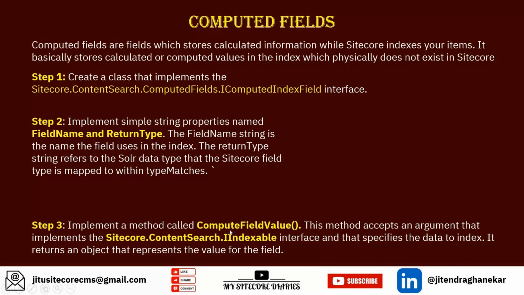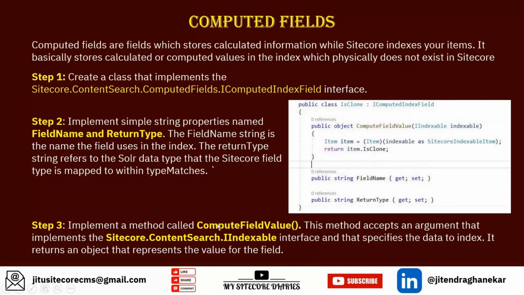Step three is to implement a method called ComputeFieldValue. This method accepts an argument that implements Sitecore.ContentSearch.IIndexable. So ComputeFieldValue is the method which you need to implement, basically the logic which you want to implement.